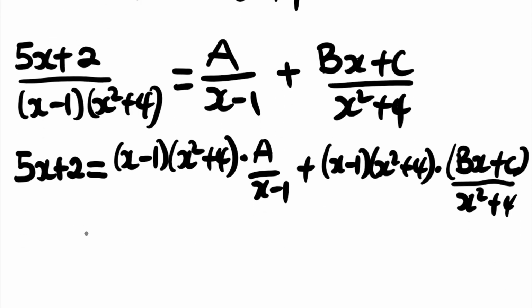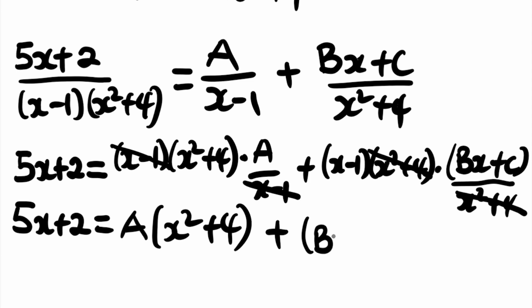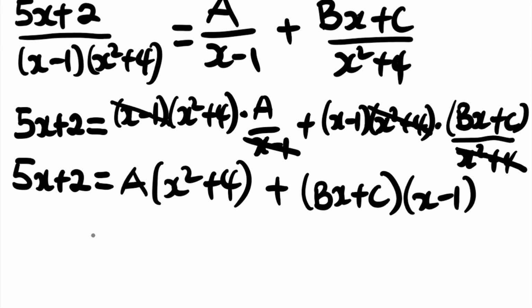If you do that, here we have 5x + 2 equals, (x - 1) will nullify this, so we are left with A times (x squared + 4), plus here (x squared + 4) will eliminate this one, so we'll be left with (Bx + C) to multiply (x - 1). Now everything is in a straight line.